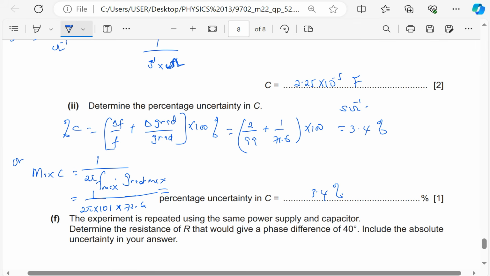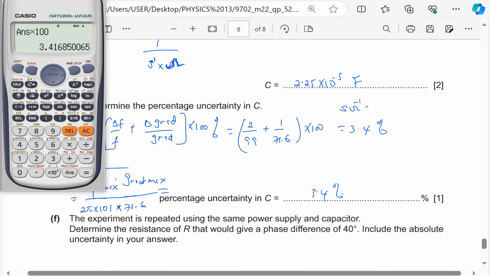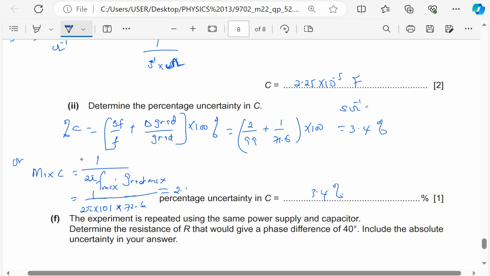So this would be 1 divided by 2 pi times 101 times 72.6. So this would be 2.17 times 10 to the power of minus 5.